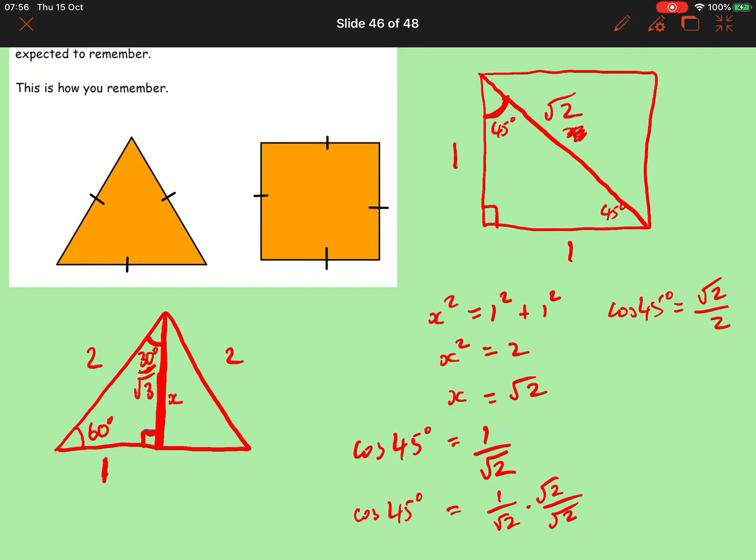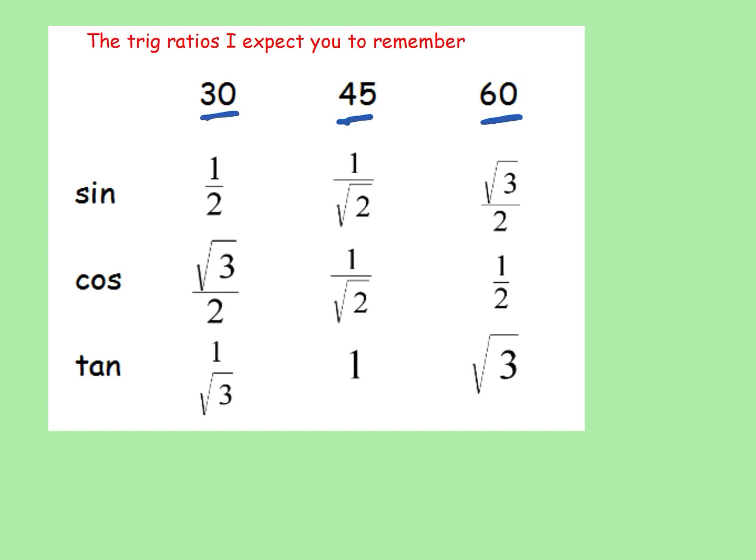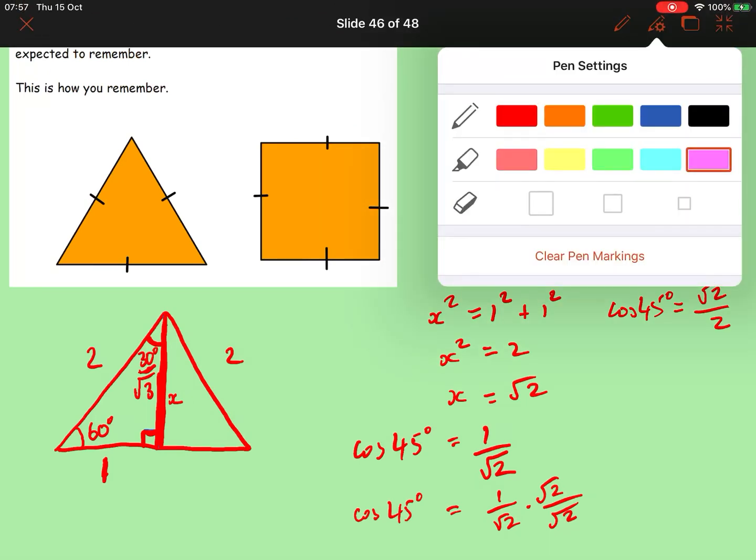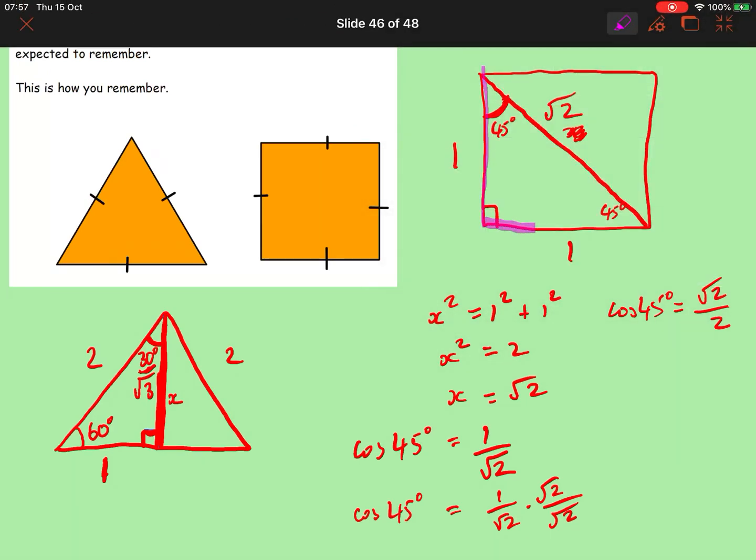So you can either remember these trigonometric ratios for 30, 45 and 60, or you can commit the special triangles to your memory, and then you're able to work out all of the ratios. But you need to know them.